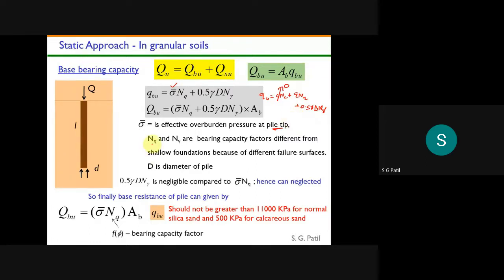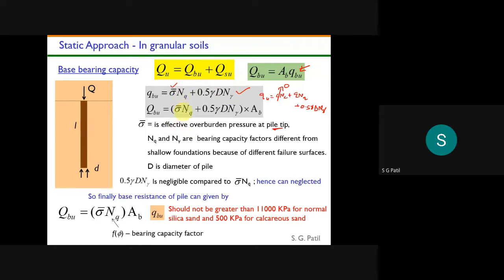So you can't take Nq and N gamma from your IS 6403; for these Nq and N gamma, IS 2911 I should use. So this QBU is the same formula as in shallow foundations: sigma bar into Nq plus 0.5 gamma D N gamma.